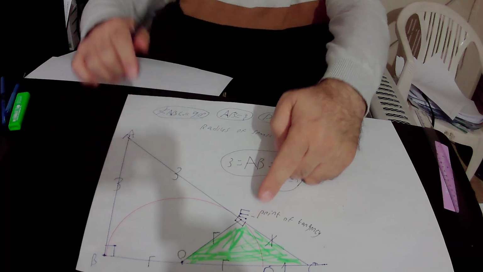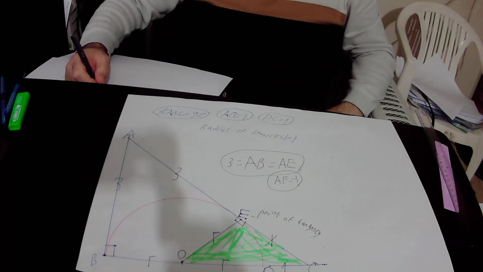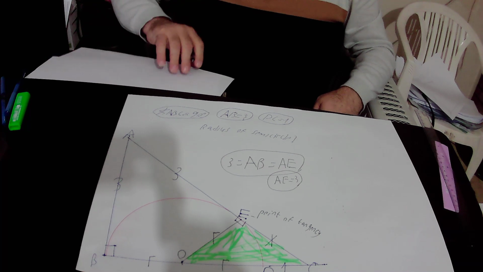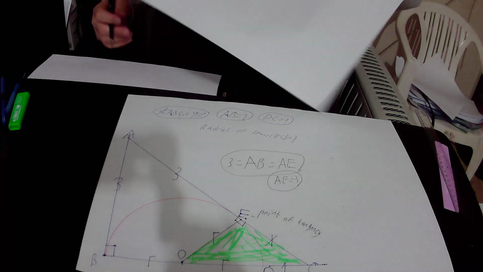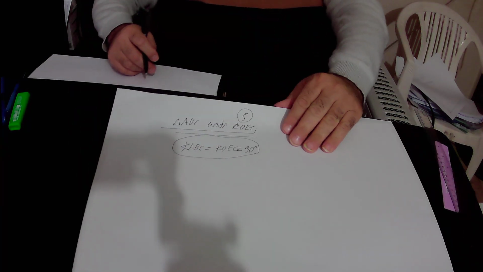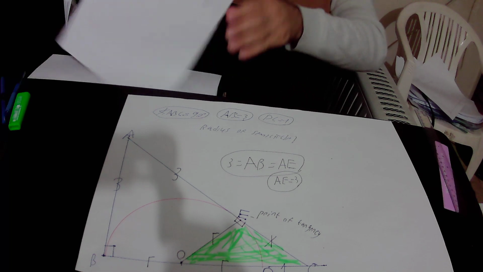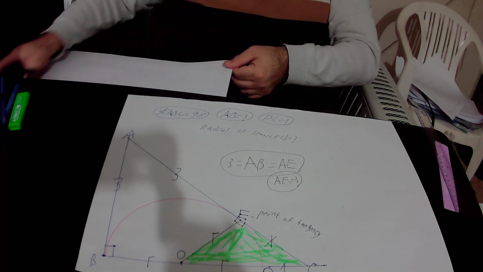They are equal to 90 degrees. So angle ABC equals angle OEC, and both angles are equal to 90 degrees.